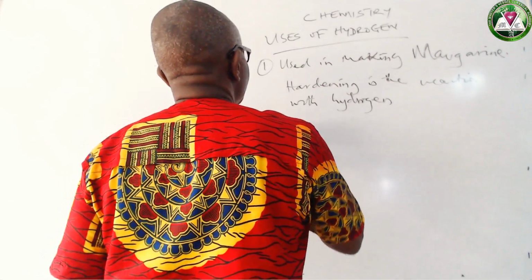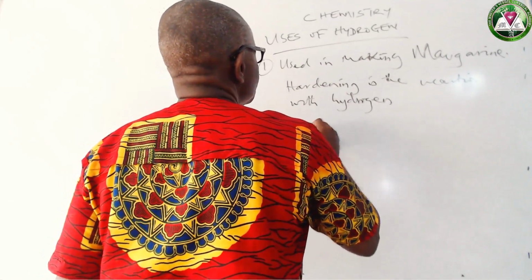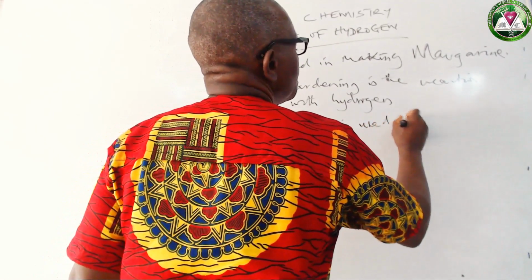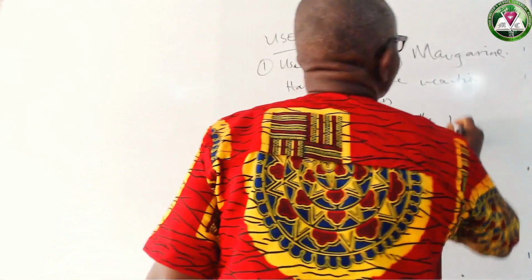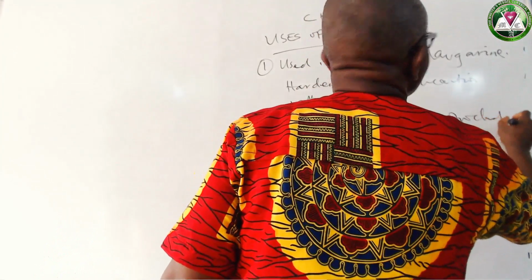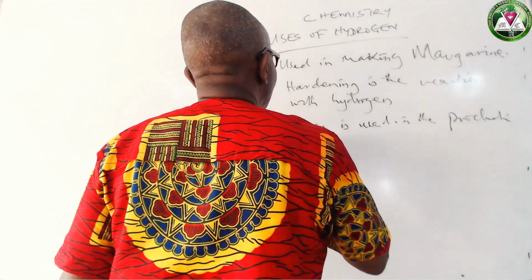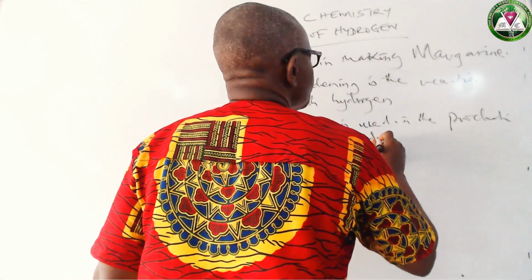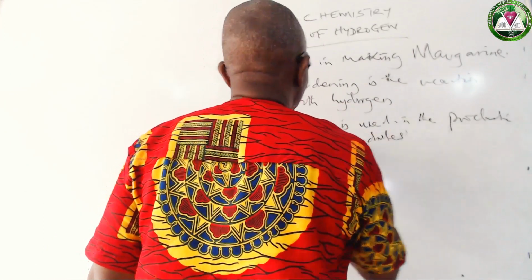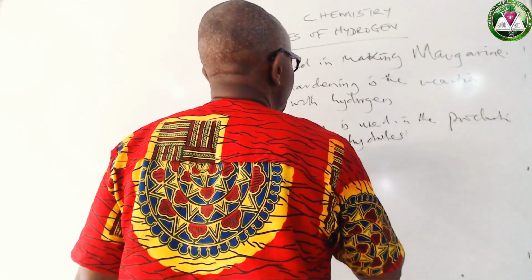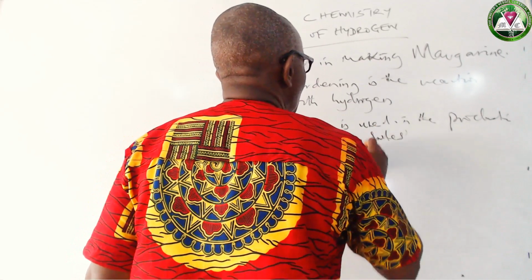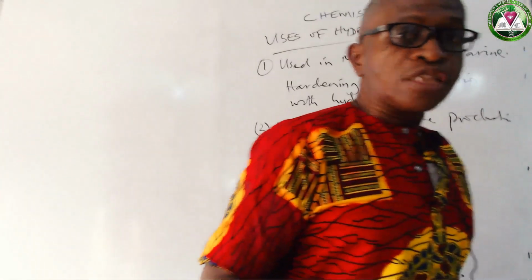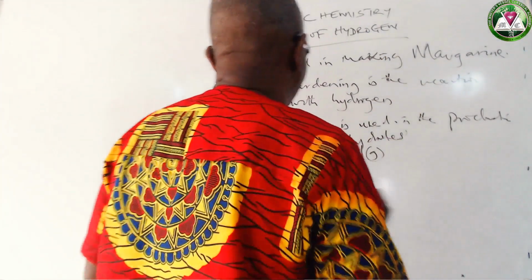2, hydrogen is used in the production of some hydrides, such as hydrogen chloride gas, which when you dissolve it in water, you have your hydrochloric acid.